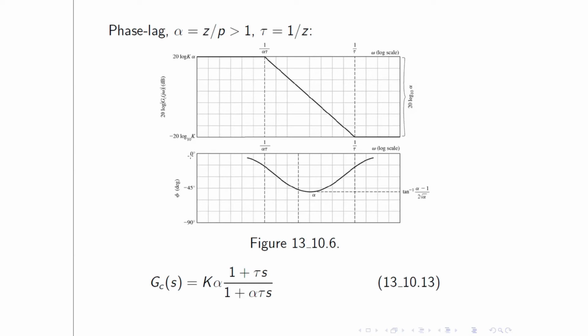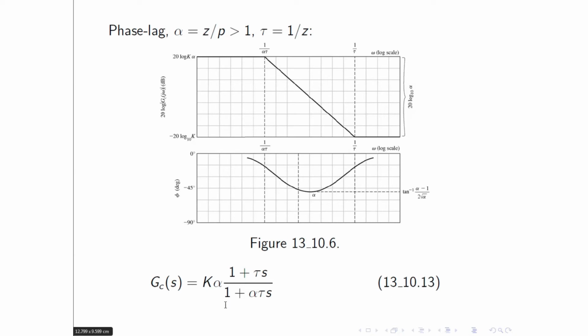Okay, let's quickly talk about this equation. This is a new equation in edition 13, my apologies. In edition 13, the authors have changed the definition both for the phase lead and the phase lag compensators. And so this is the new definition that he uses in edition 13, in equation 10.13.